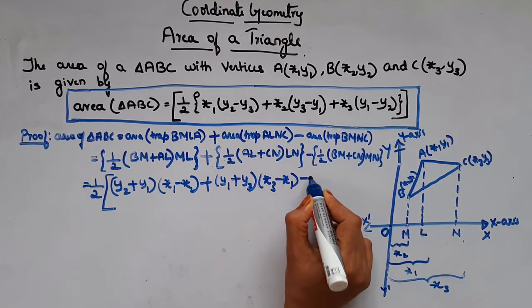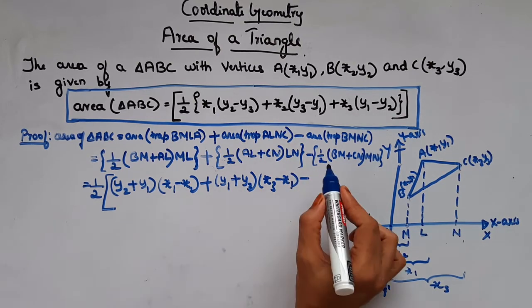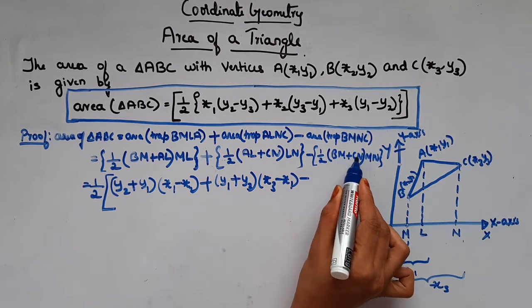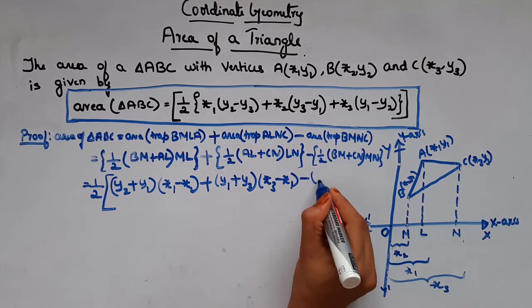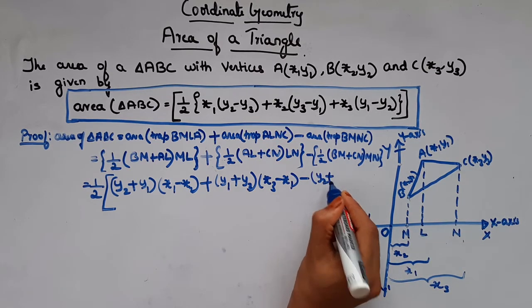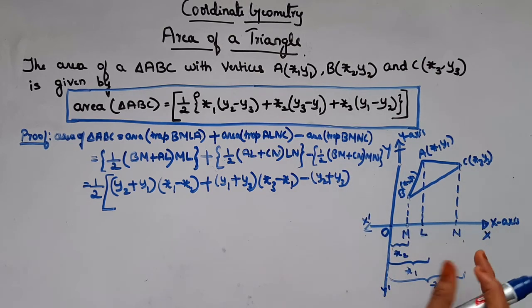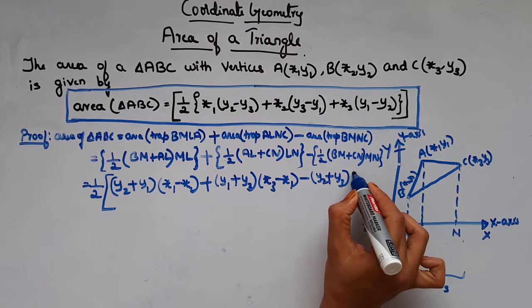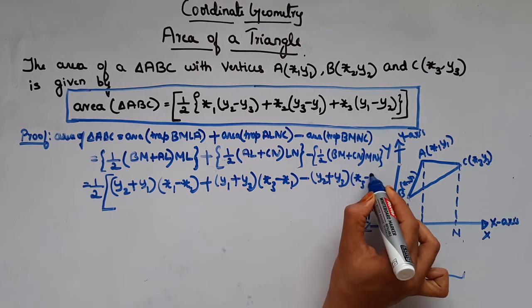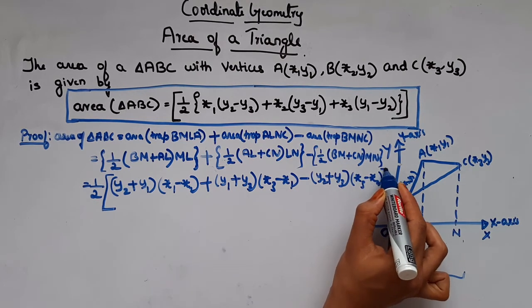Minus, again half is outside. We have BM plus CN. So BM is Y2 plus CN is Y3 and MN. Now MN is nothing but X3 minus X2. So X3 minus X2.